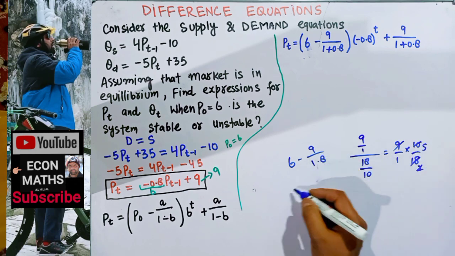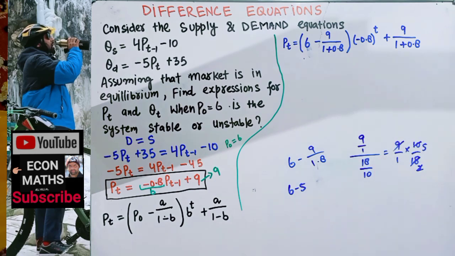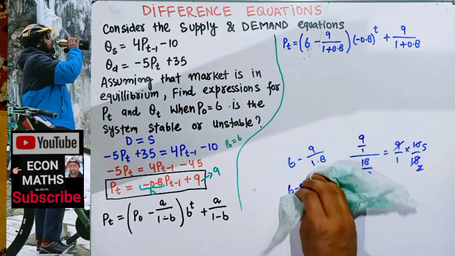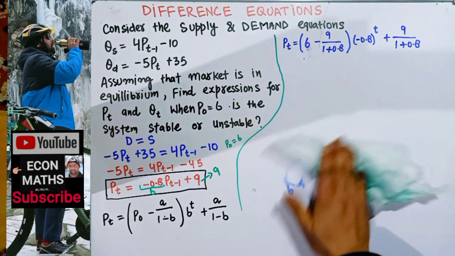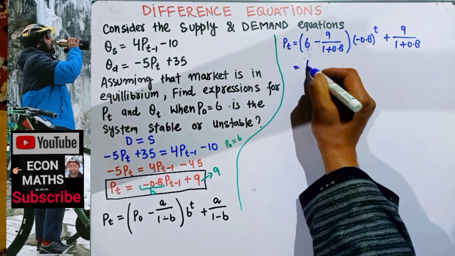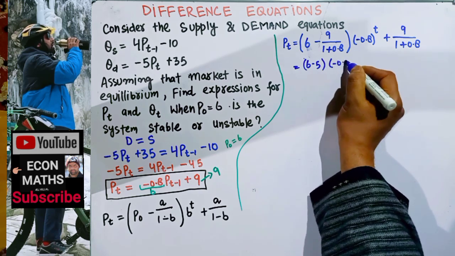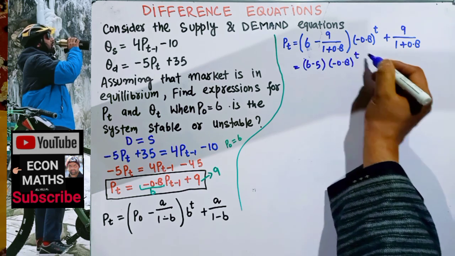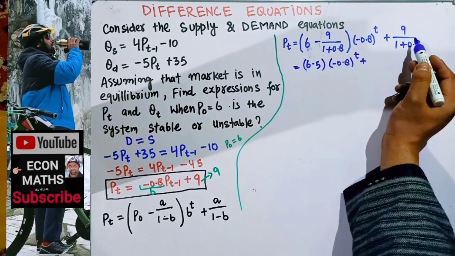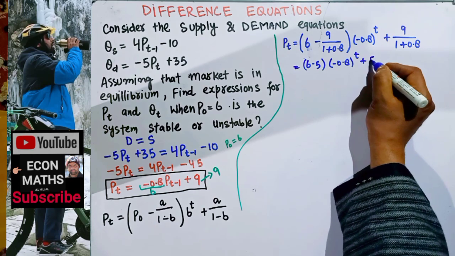So this term comes out to be 5. So this reduces to 6 minus 5, times minus 0.8 to the power t, plus 5.